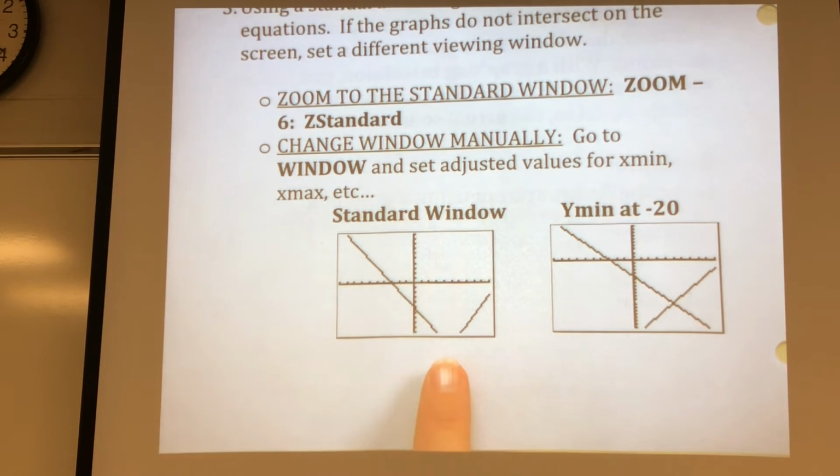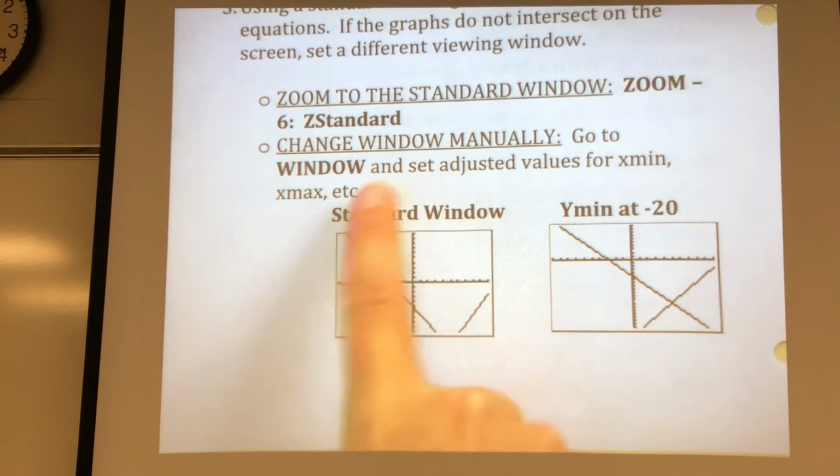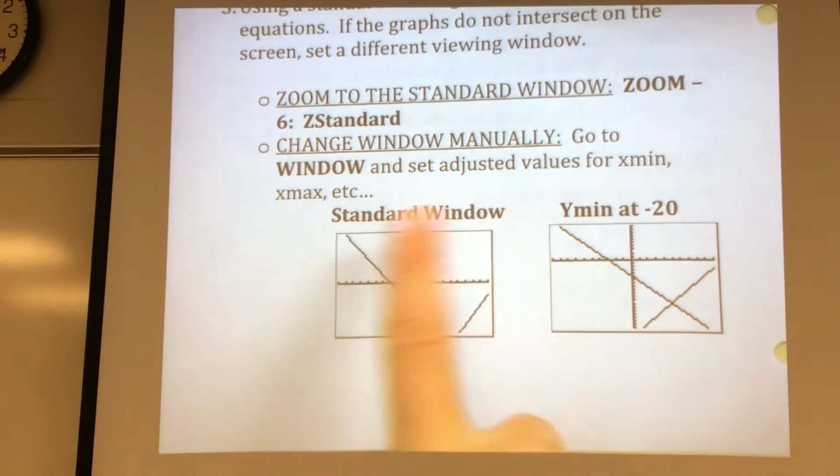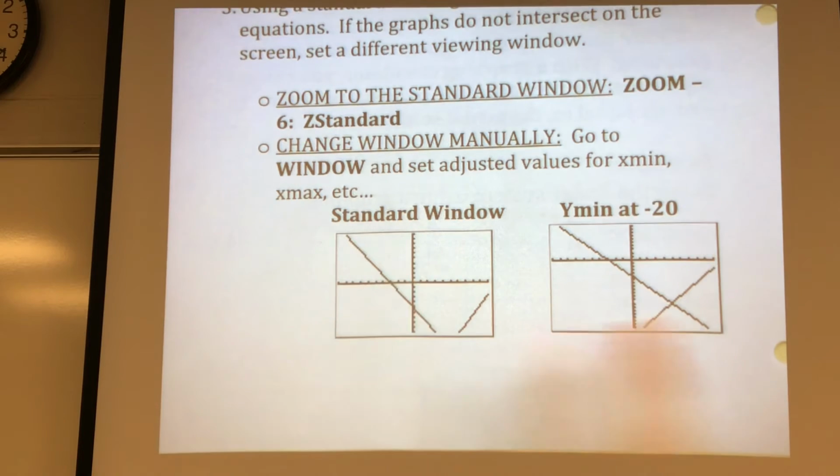If you go to Window and change your X max, your X min, or maybe just your Y min to -20, you'll be able to see the intersection on your screen. And you have to be able to see the intersection in order to do the next step. So again, you may not be to that part yet, so hit pause so you can get there before we talk about what to do next.